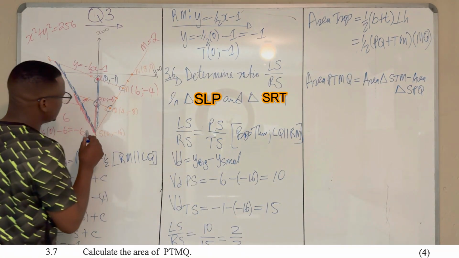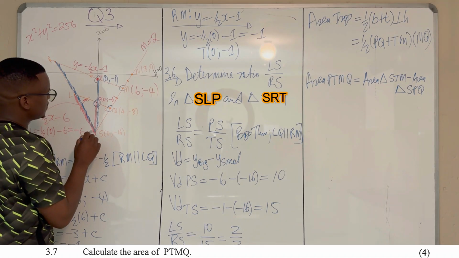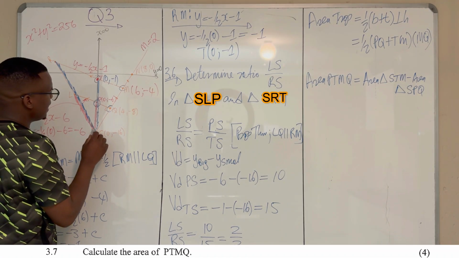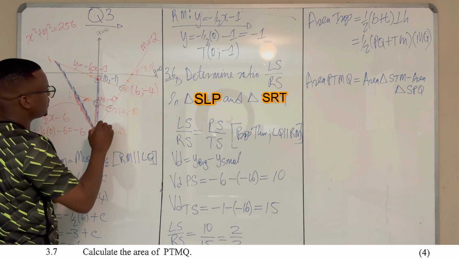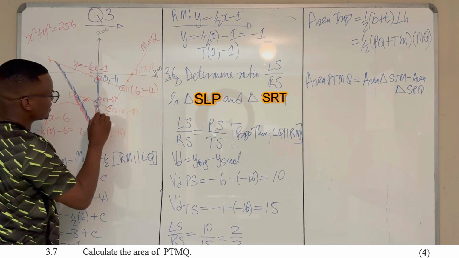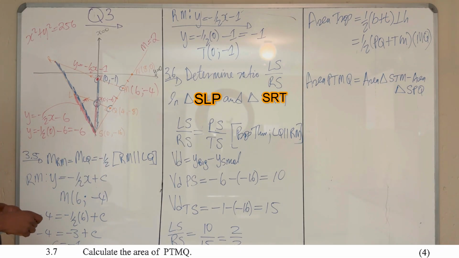So if you calculate the area of this big triangle STM, and subtract this small area, you will be left with that part.